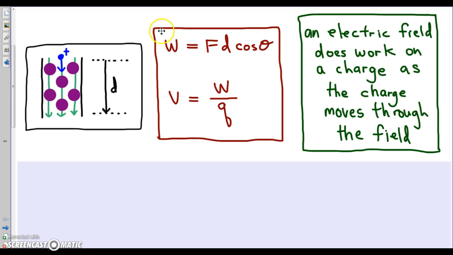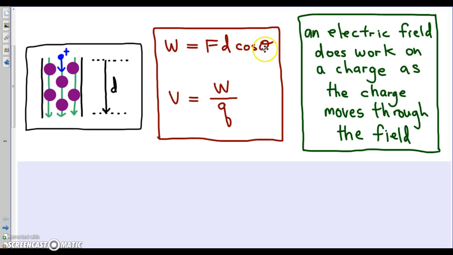Okay. What's this picture show? Does it show work being done? You have a charge feeling a force. And why does the charge feel a force? Because it's inside an electric field shown in green. So we have a force. Do we have a distance? Yes. The charge is moving a distance d. And is the distance in the same direction as the force?